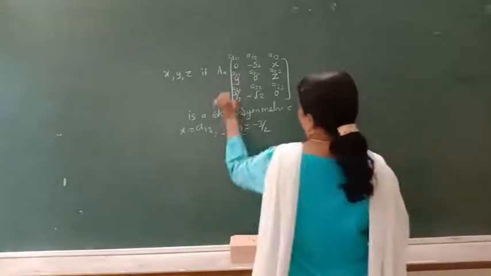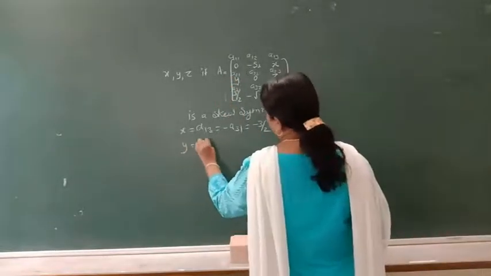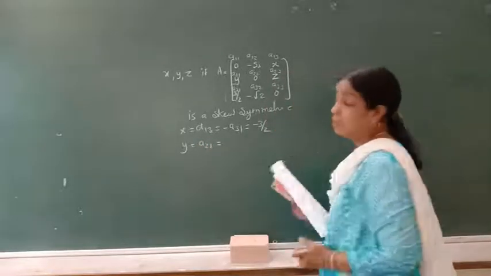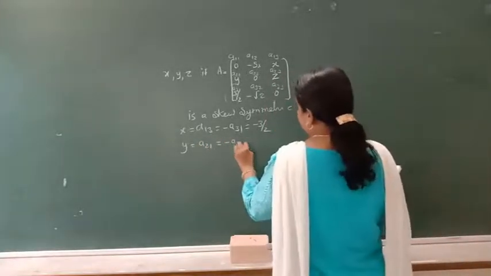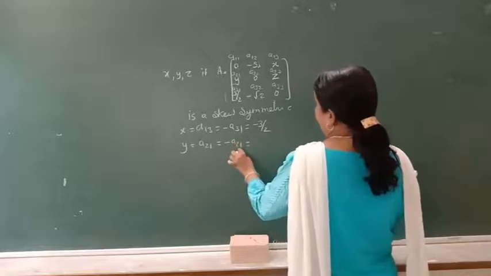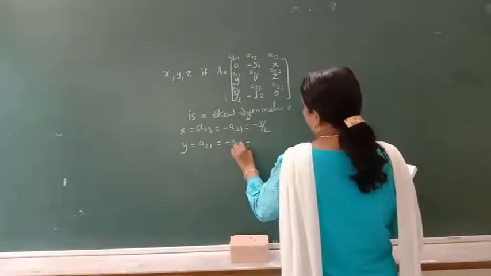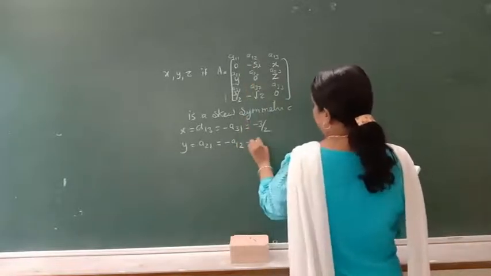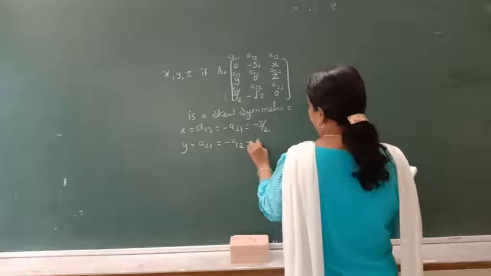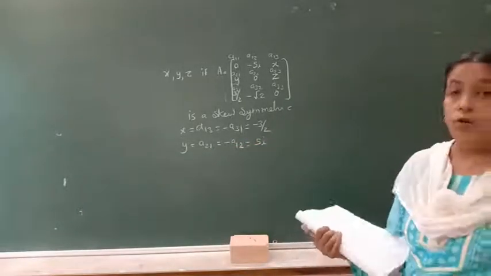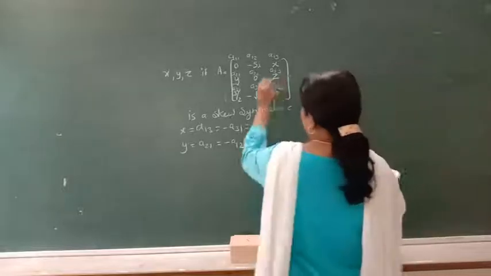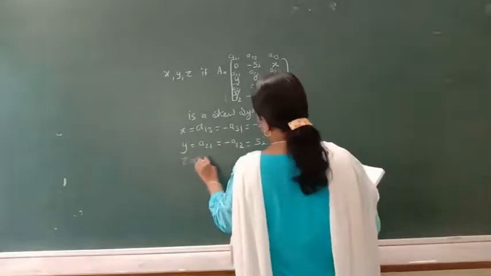Now the second element is y. It is present at A21, but in skew symmetric we have its negative. The element present at A12 is minus 5i, so y will be minus of that, which is 5i. Now the third unknown is z. z is present at A23.